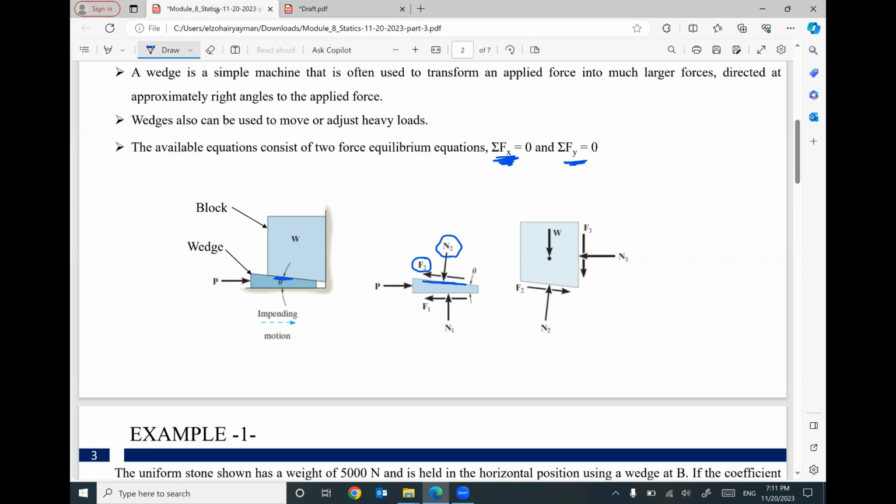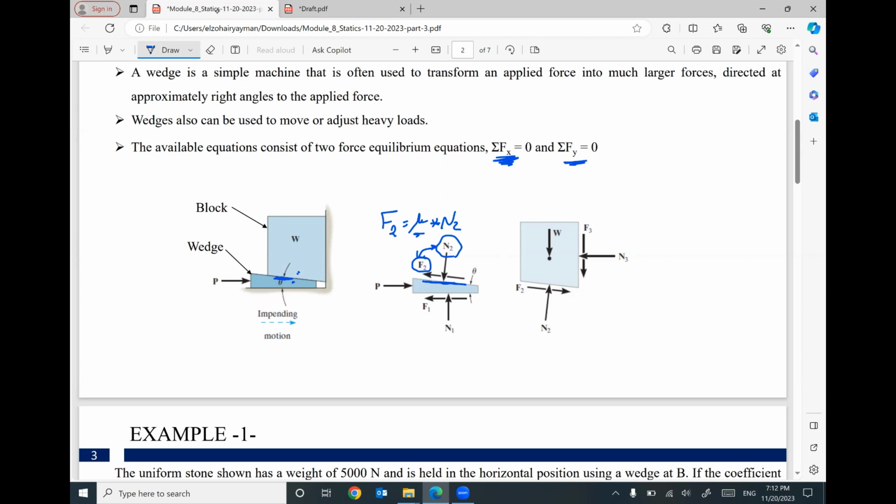And keep in mind, we have a relationship between this force and this force. F2 will equal mu times capital N2. Because we have two parts and we have friction in between, we have coefficient of friction, mu. If you multiply this mu by the normal force, the perpendicular force to the surface of contact, I can get the friction force.